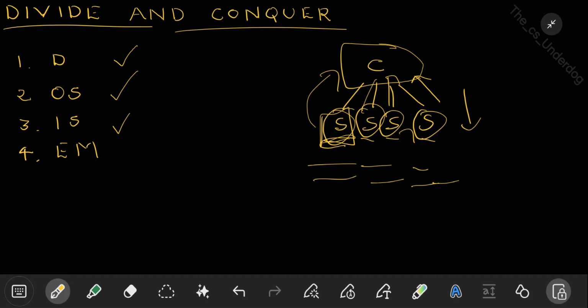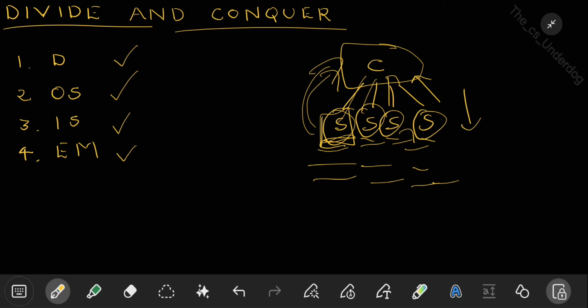The third point is independent subproblems, that is, each of the subproblems should be such that you can solve them independently. And the final point is efficient merging, that is, merging all the solutions back to get the original solution should be efficient and feasible.